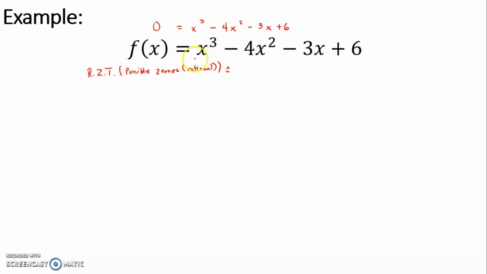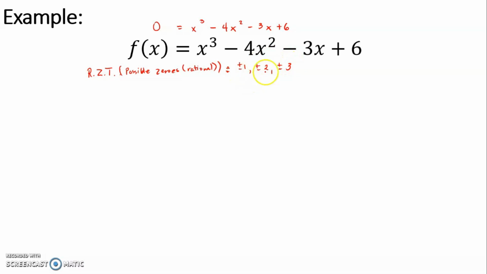Since our leading coefficient is 1, we only have to deal with the factors of 6, or the factors of the constant term. So we will have plus or minus 1, plus or minus 2, and plus or minus 3. So these are the possible rational zeros of this equation.